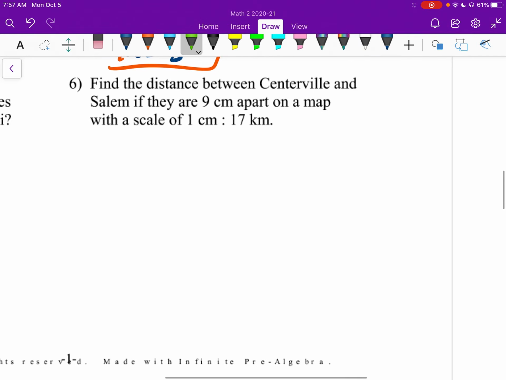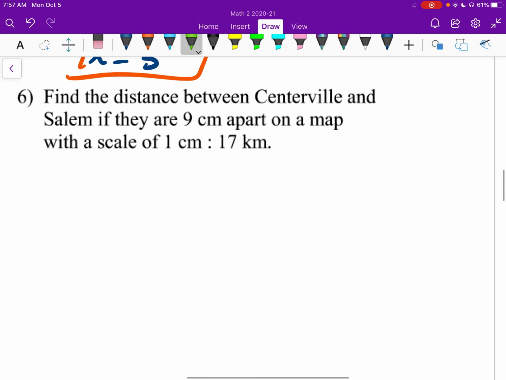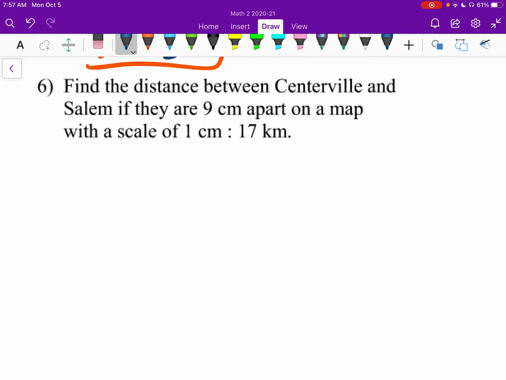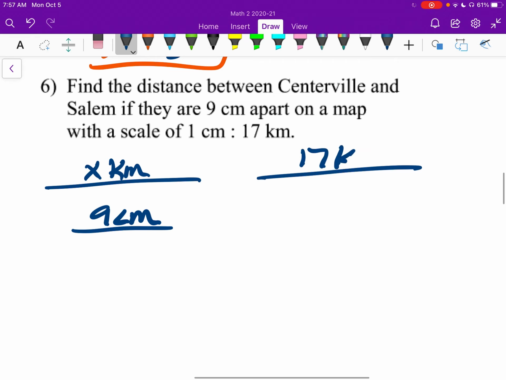All right, number 6. Find the distance between Centerville and Salem if they are 9 centimeters apart on the map. So this time we're going to have x kilometers and 9 centimeters. And then it says with a scale factor of 1 centimeter to 17 kilometers. So we have 17 kilometers to 1 centimeter. So I look at my x.